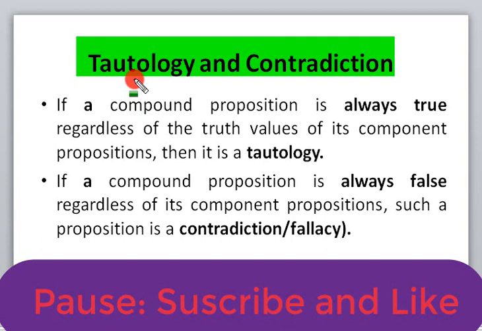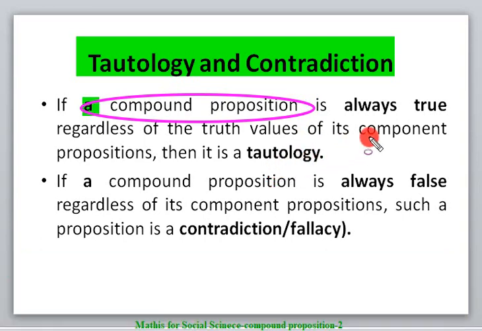But in the case of tautology, we simply talk about a single one. We talk about that with "a" meaning one, as you know from English learning. So if a compound statement, that means one statement, is always true regardless of the truth values of its component propositions, then it is a tautology. A compound proposition is made up of two or more propositions.